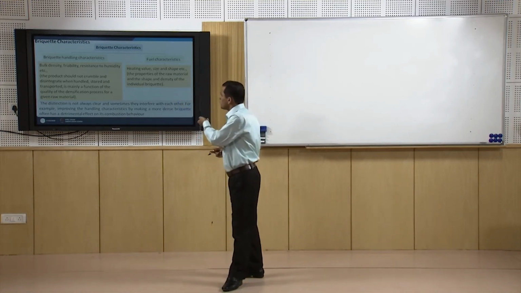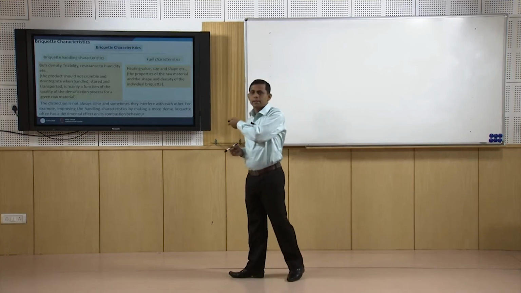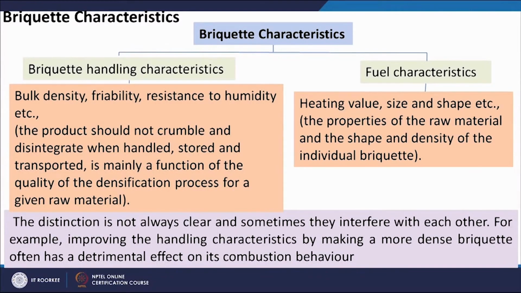One is related to briquette handling characteristics and the other is related to its fuel characteristics. Briquette handling characteristics means its bulk density, friability and resistance to humidity, and fuel characteristics are heating value and particle size and shape.